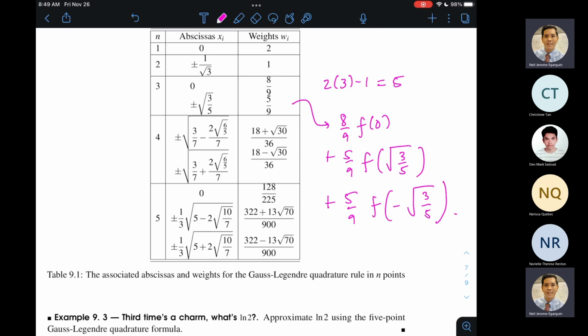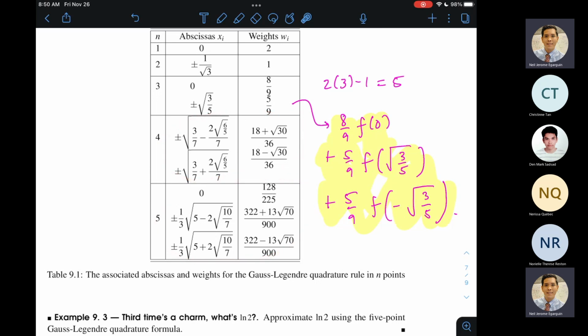Okay, so ito yung pang-approximate natin using, or this is actually the 3-point Gaussian quadrature formula for an integral from -1 to 1. Okay, and as expected, as we increase the number of points, the abscissas and the weights associated with them look crazier and crazier. Okay, so pakomplikado na sila ng pakomplikado.